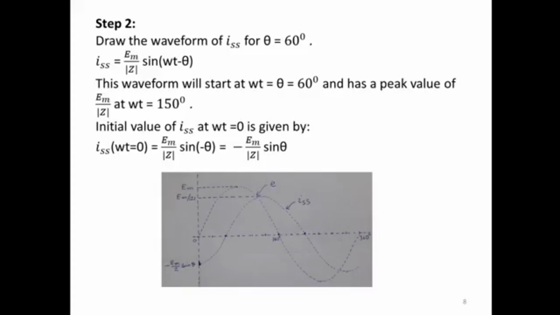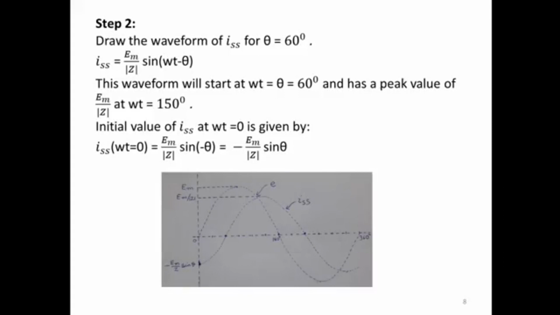That is, 60 plus 90, 150 degree. At 150 degree its peak will occur, and its peak will be equal to Em by Z. That is why you can see that the level of Em by Z is somewhat lesser than Em, and occurs below Em.